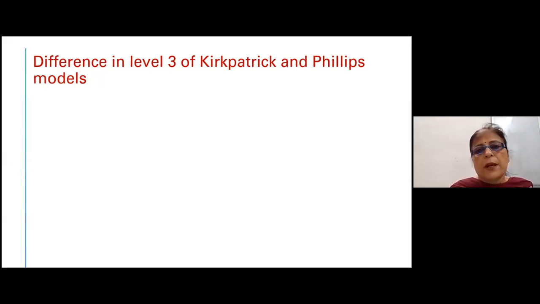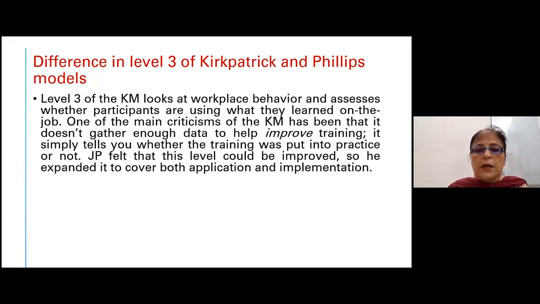If you remember, Kirkpatrick just assessed only whether the participants were using what they learned, and here there is a little extension. So level 3 of the Kirkpatrick model, KM stands here for Kirkpatrick model, looks at workplace behavior and assesses whether participants are using what they learned on the job.